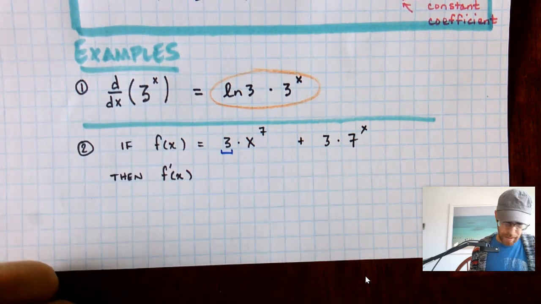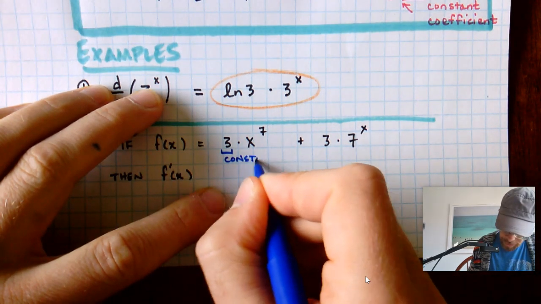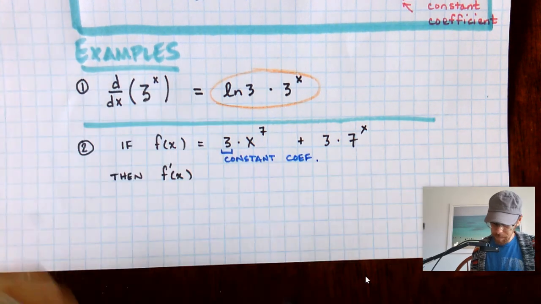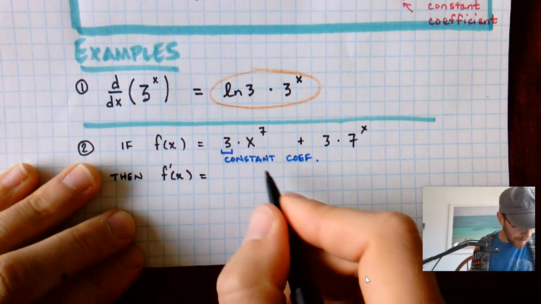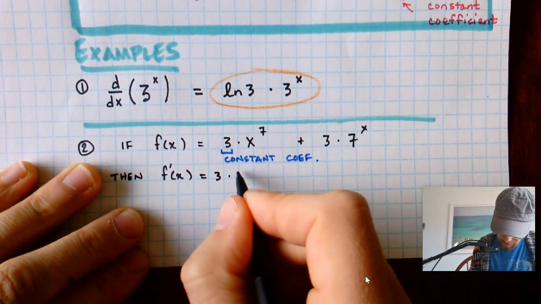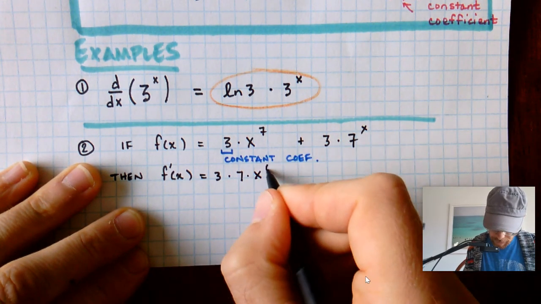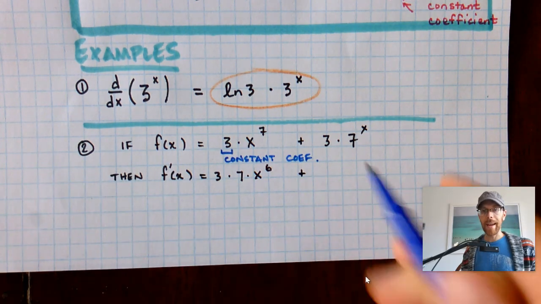That 3 is what I'm going to call a constant coefficient. So when we multiply this out, we're going to end up with the 7 comes down, we still have a 3 times 7x to the drop the power by 1, and you get 6. Well, look at the next part.